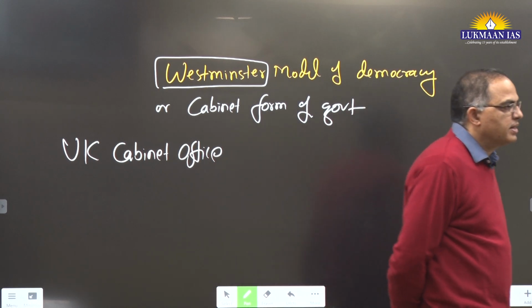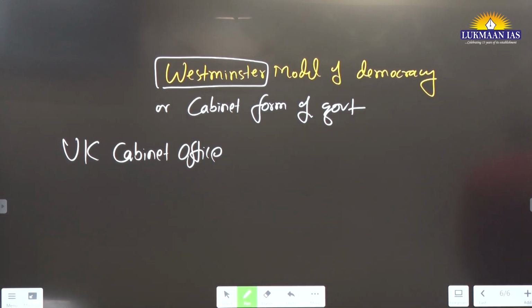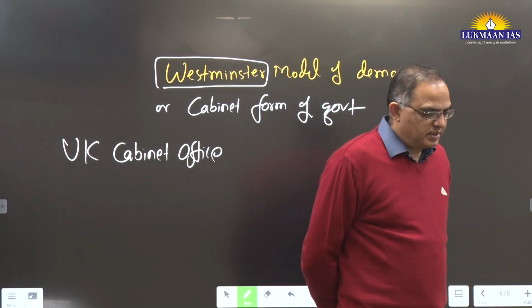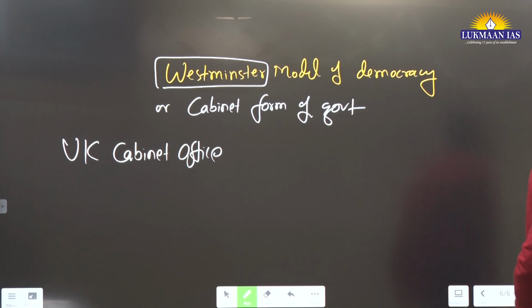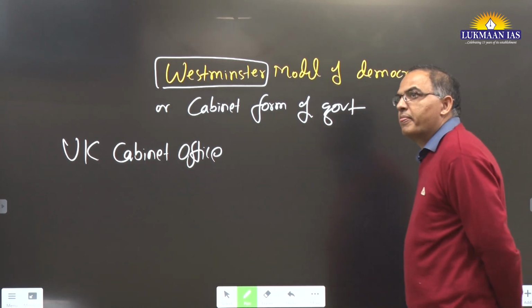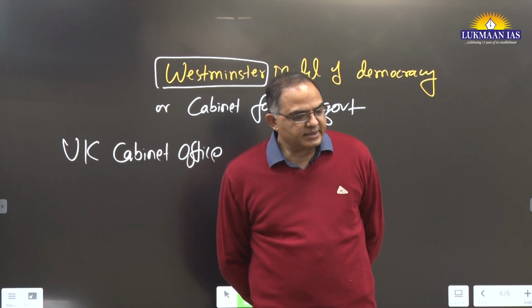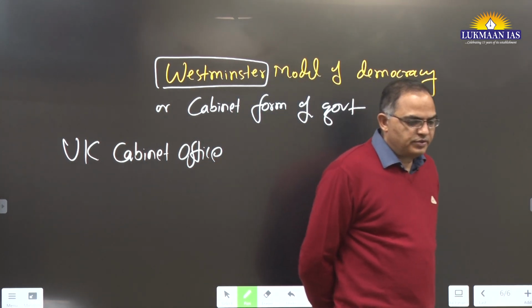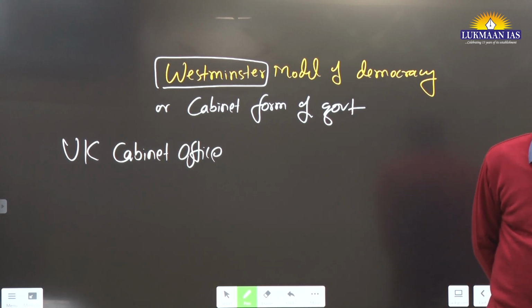Let's say republic democratic system, this side monarchical democratic system. Next.